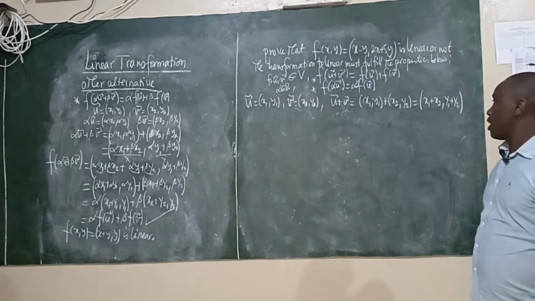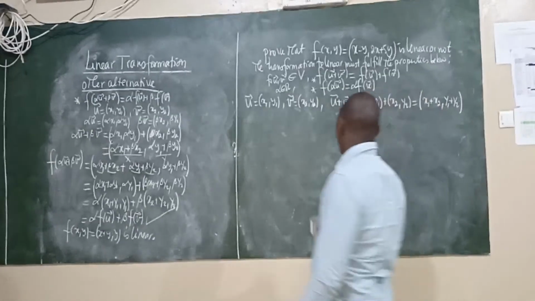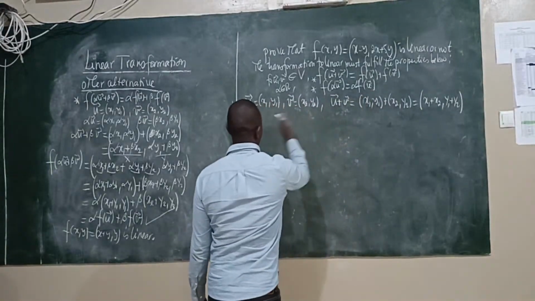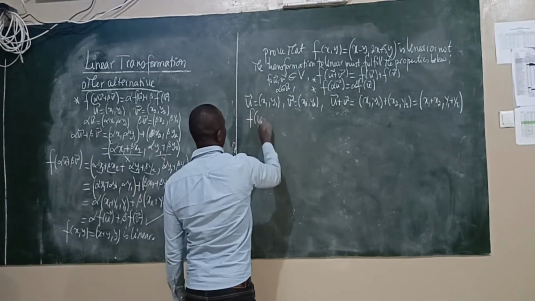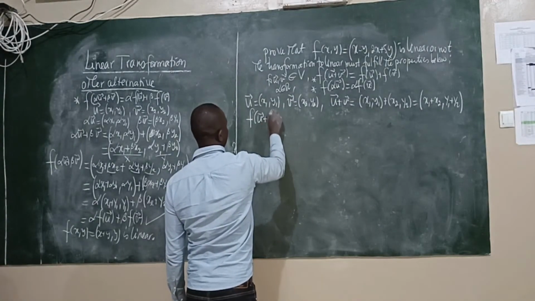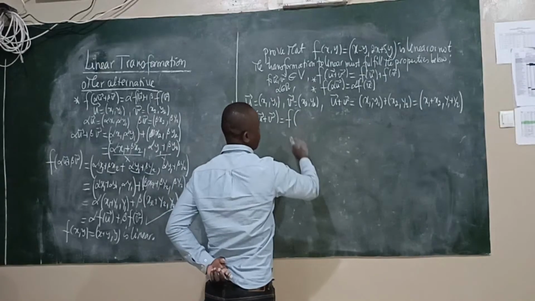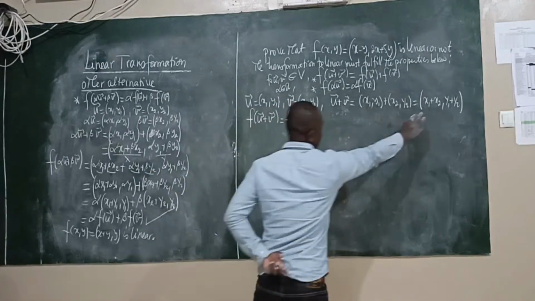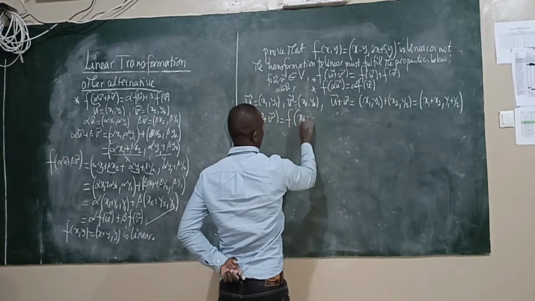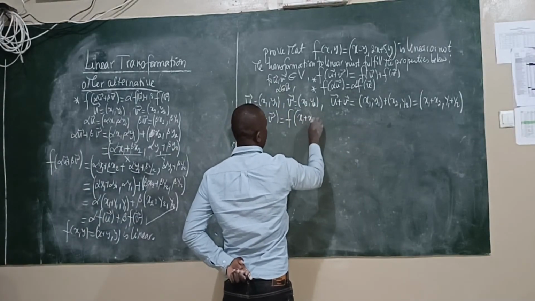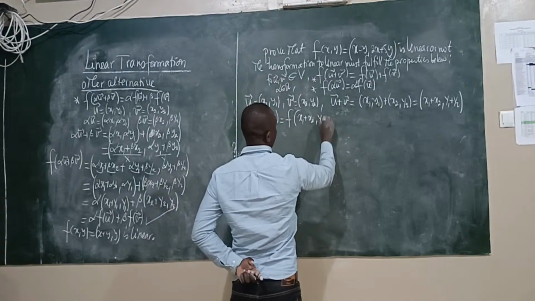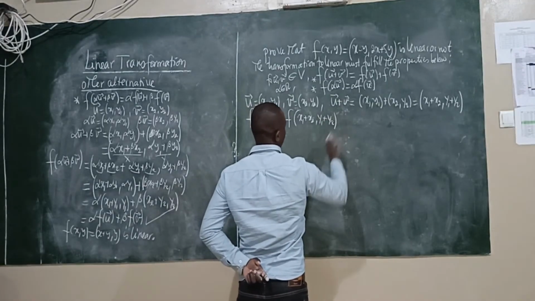After this, because here is u plus v, we need f of u plus v. As you see, f of u plus v is this, here is (x1 plus x2, y1 plus y2).